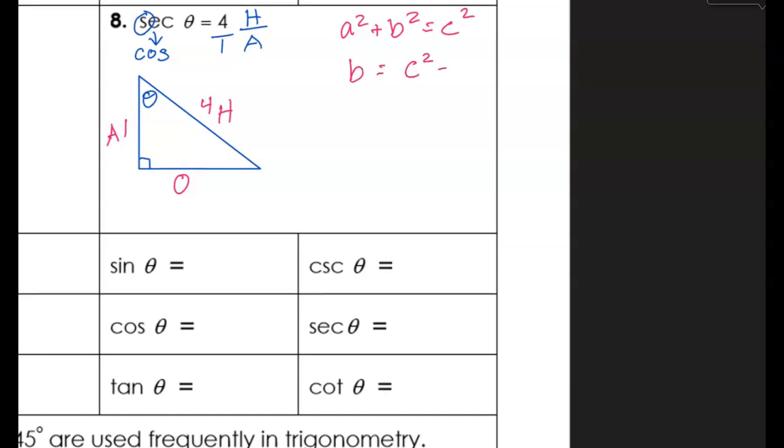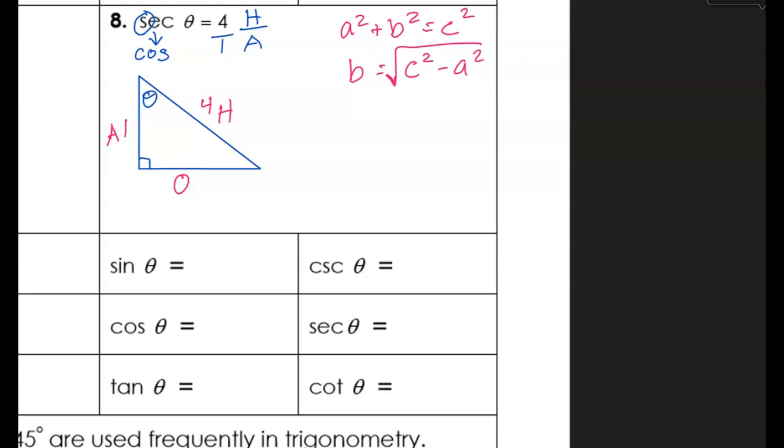So it's c squared minus a squared, but then it's b squared. How do I get that b unsquared to turn into just a plain b? How do you get something unsquared in an equation? Square root both sides.